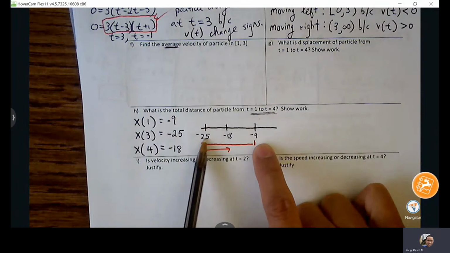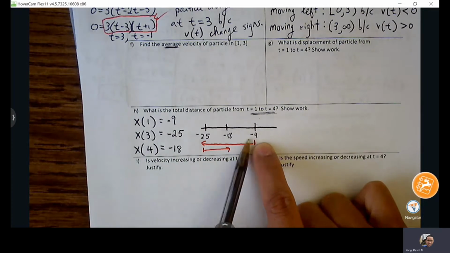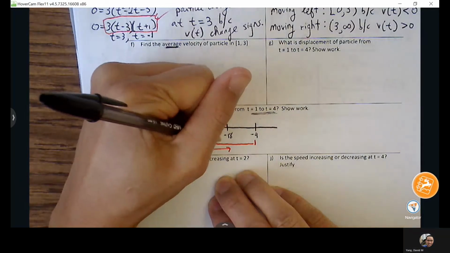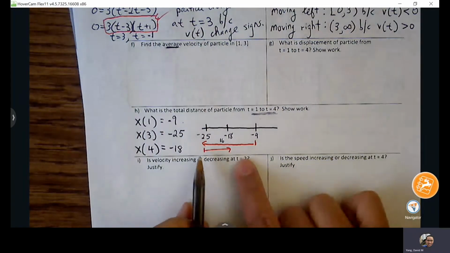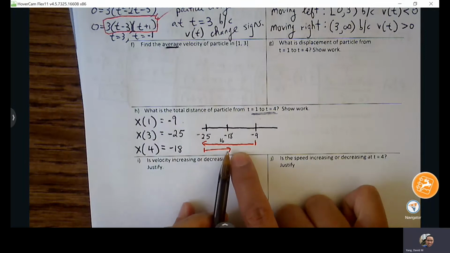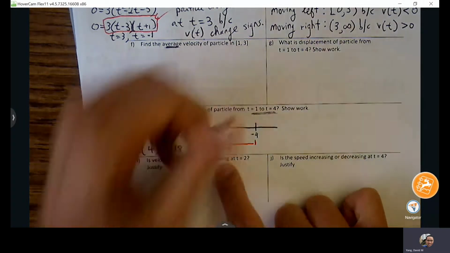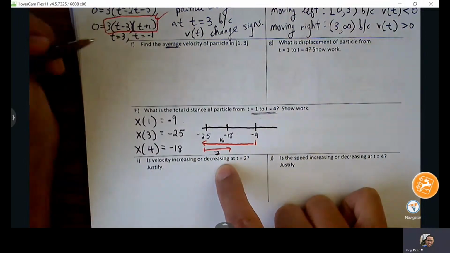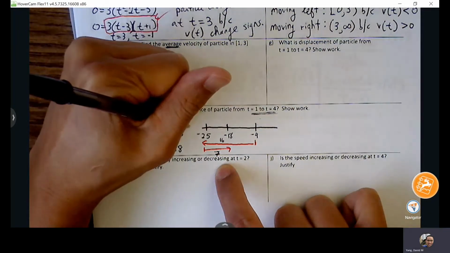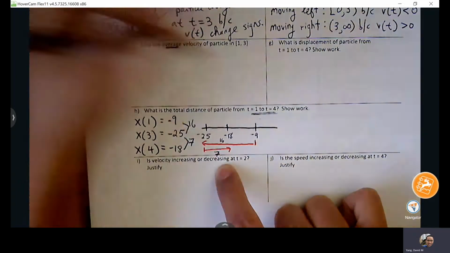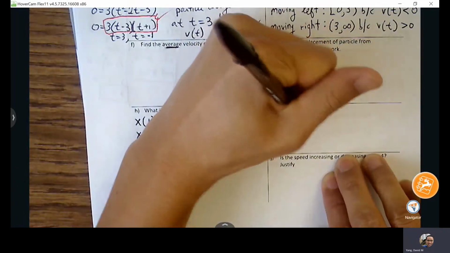So if we do negative 25 minus negative 9, that's a distance of 16. And then if we go from negative 25 back to negative 18, that's a distance of 7. So I say the distance between here and here is 16, distance between here and here is 7. 16 plus 7 is 23, so total distance is 23.